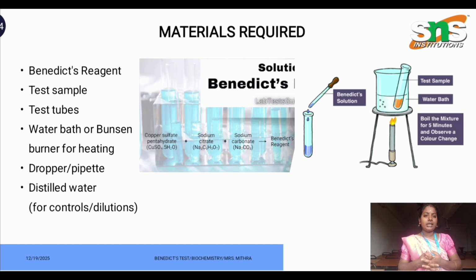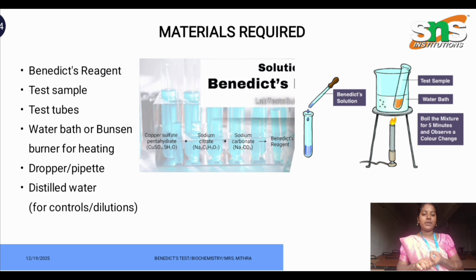Coming to the materials required, the following materials are needed for carrying out the Benedict's test. First one is Benedict's reagent, and second one is the test sample, that is a urine sample or carbohydrate solution or any other, and test tubes.